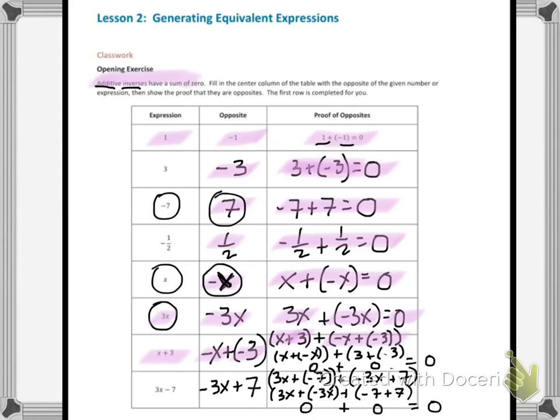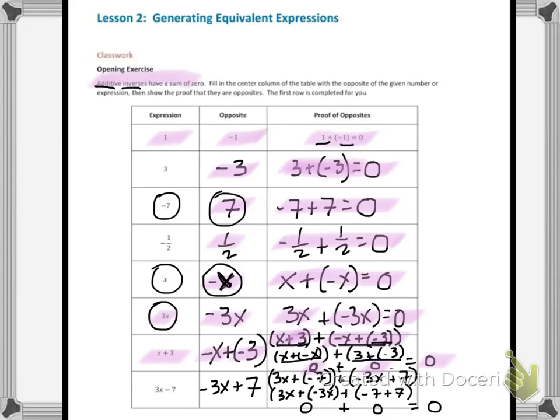Because we have our properties, we can use the associative and the commutative properties to move things around. I take my x from this one and my negative x here, put those together, and then my 3 from here and my negative 3 over here, put those together. We know these opposites are going to add to 0, and then 0 plus 0 equals 0. That's my proof.